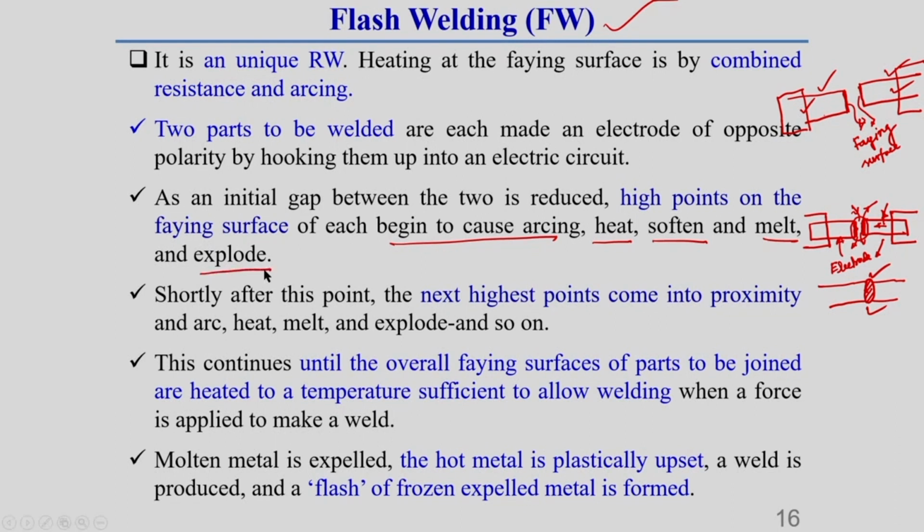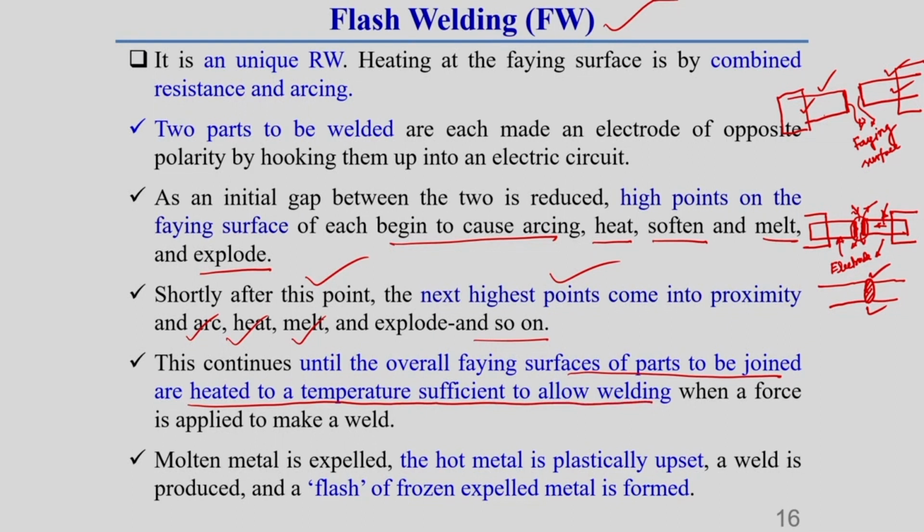Shortly after this first peak, the next highest point comes in proximity, an arc is generated there, it heats that region, melts it and explodes, and so on. This is a continuous process until the overall faying surfaces of the parts to be joined are heated to a temperature sufficient to allow welding. Keep this in mind.